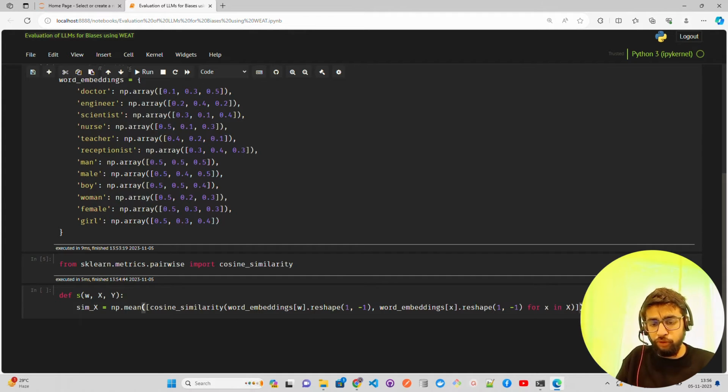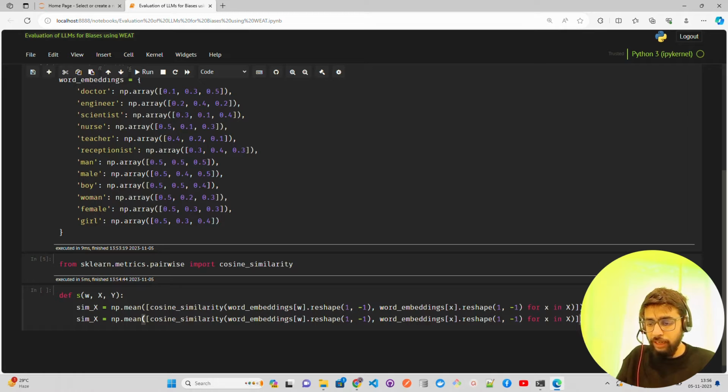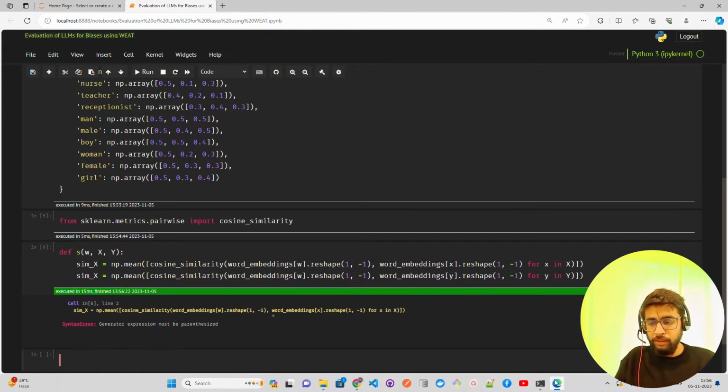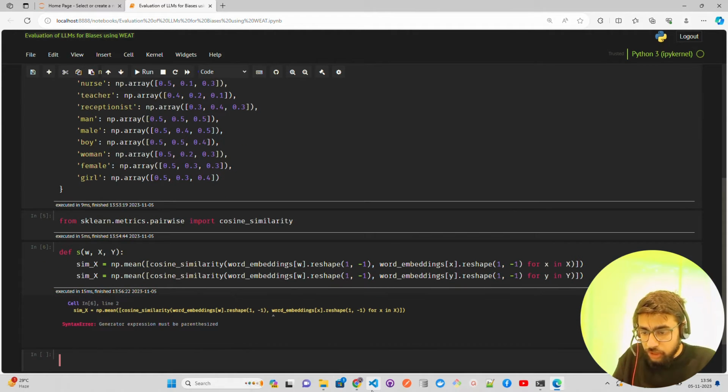I'll copy it for similarity Y as well because it's going to look very similar. We're just going to change it for Y. Now this w and all those look good. Here x will become y, and then here y in Y. It says generator expression must be parenthesized.